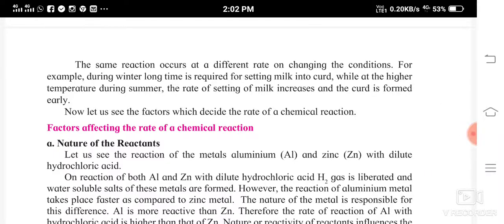For example, during winter, a long time is required for setting milk into curd, while at the higher temperature during summer, the rate of setting of milk increases and the curd is formed early. Now see, the example is at your home itself. You take milk and you set it into curd.